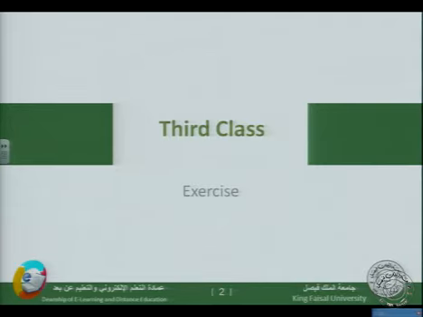In the second class, we focused on the consonants, how to describe the consonants using three main ways. The first one is the place of articulation, the second is manner of articulation, and the third is whether the consonant is voiced or voiceless.